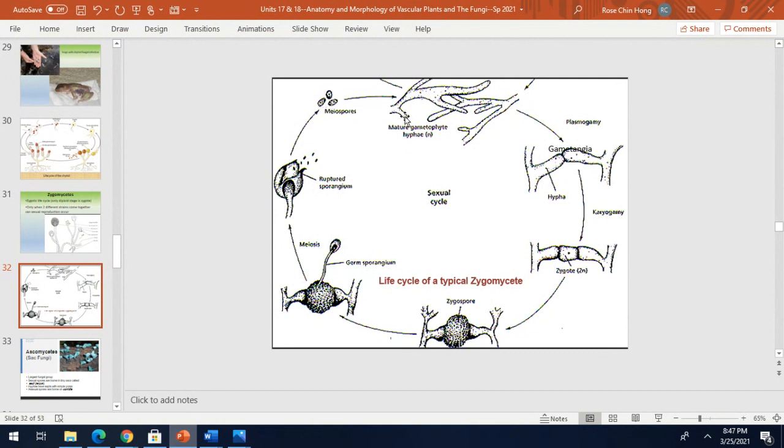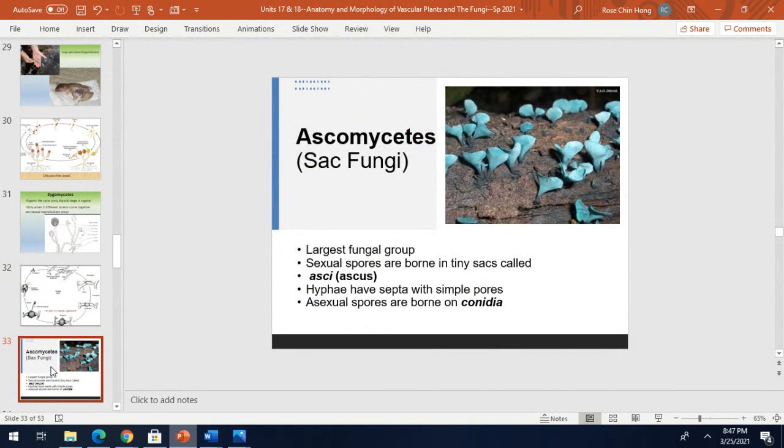And then once it germinates, it develops into a gametophyte. It will germinate and make the hyphae, and then the whole cycle goes over again. So that is the life cycle of a typical zygomycete. Okay, so we did chytrid, zygomycete, and here.